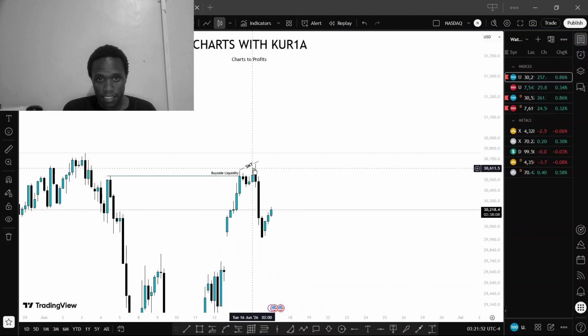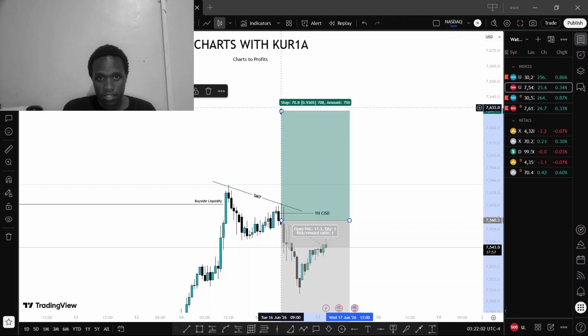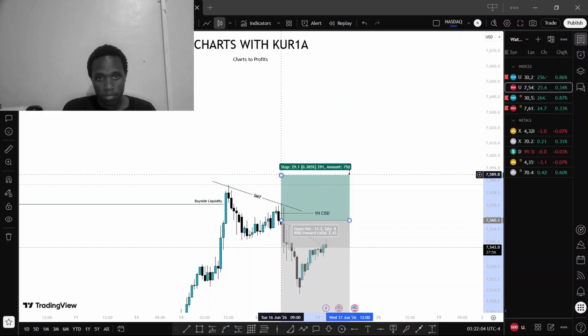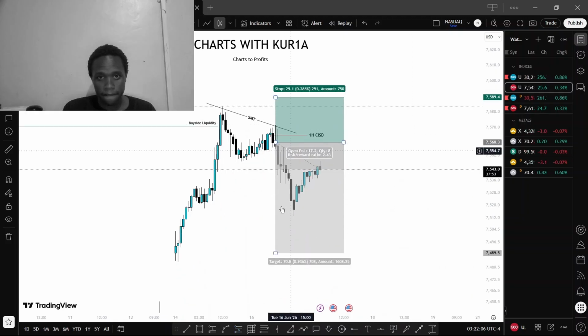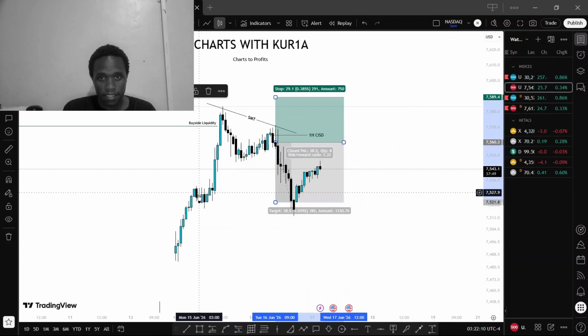It is the last up close and then a change in state of delivery to the downside. As soon as I got that, I took my first entries here.